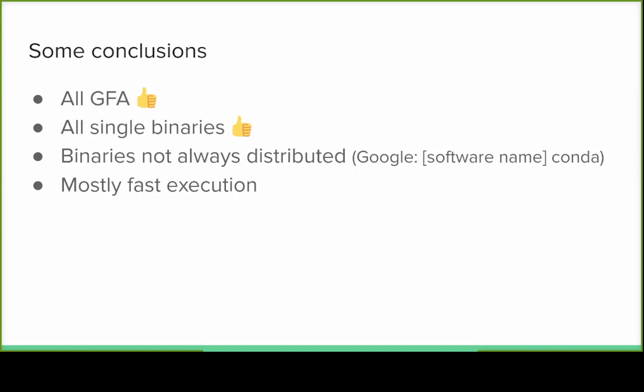All the tools were distributed as single binaries, which simplifies execution a lot. However, for some of these tools, binaries were not distributed by the GitHub repository, but they were present on Conda. So you can, in fact, Google the name of the software plus Conda and then extract the binary without even having to install the software.